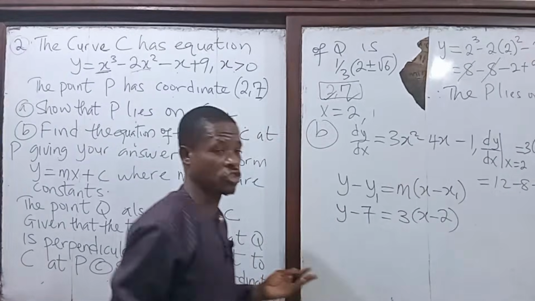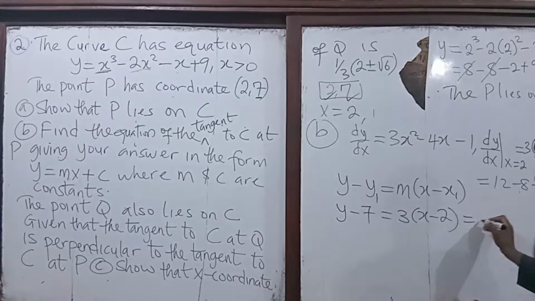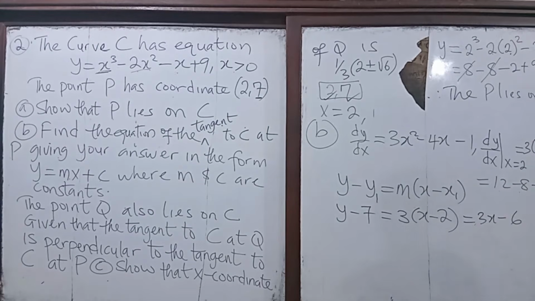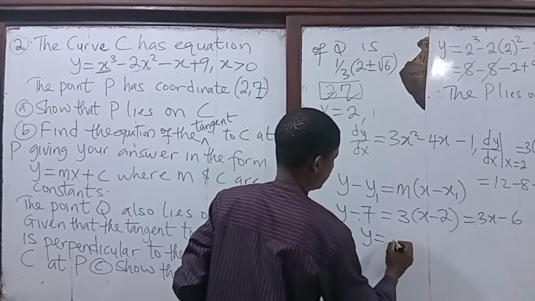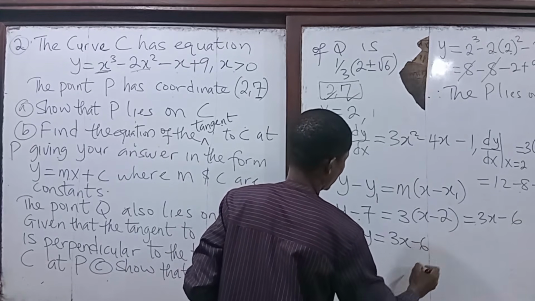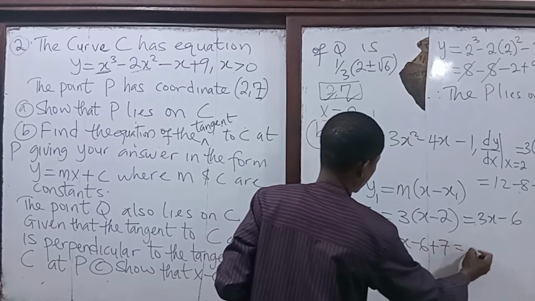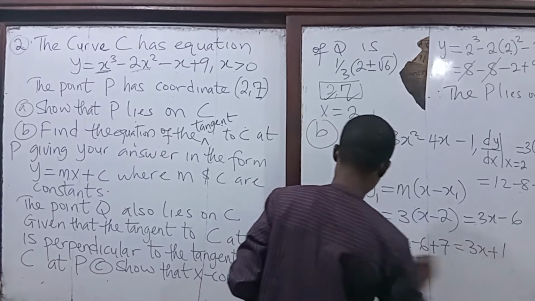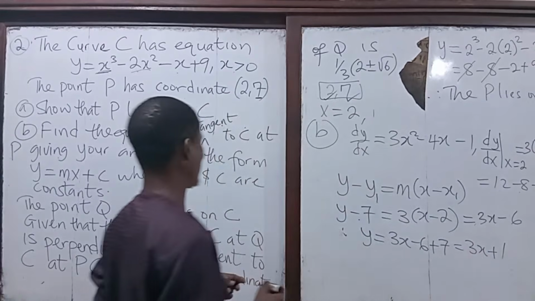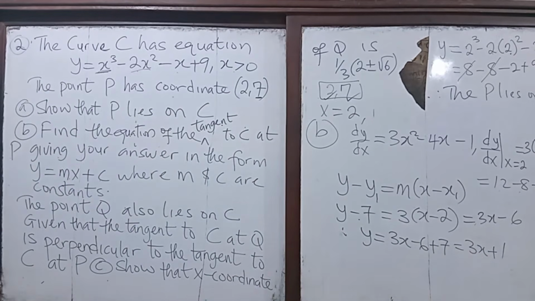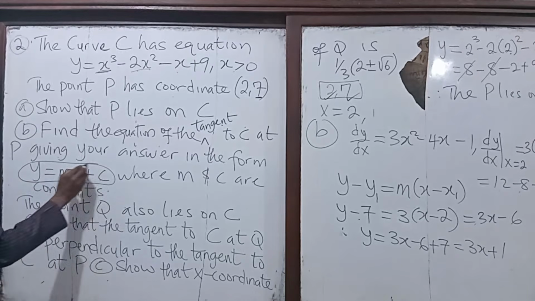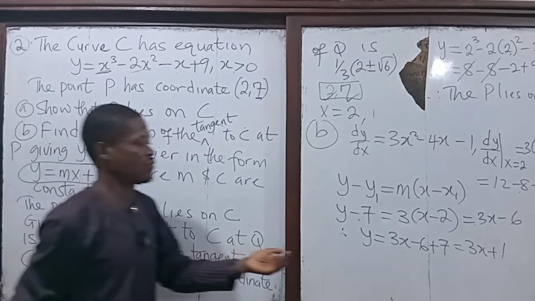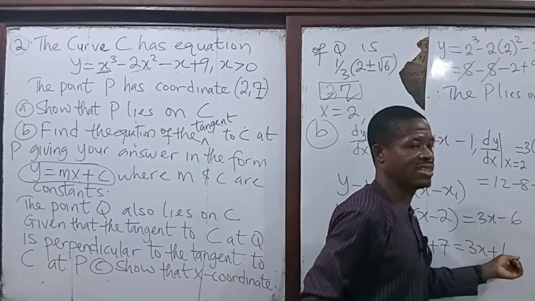Then you can do the expansion, and this will be 3x minus 6. Move the minus 7 to the other side, and y equals 3x minus 6 plus 7, that's 3x plus 1. So that's the tangent, and we are told to express it in the form mx plus c, which we have done. My m is 3, my c is 1.